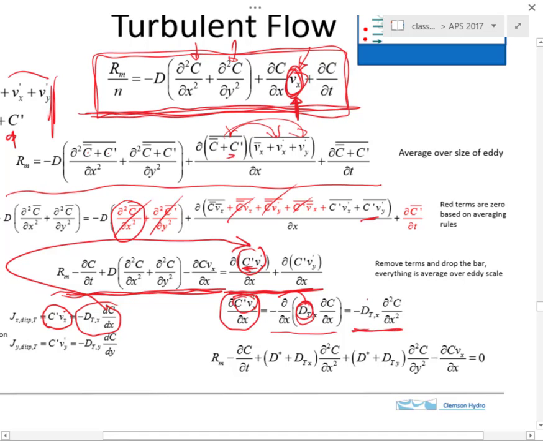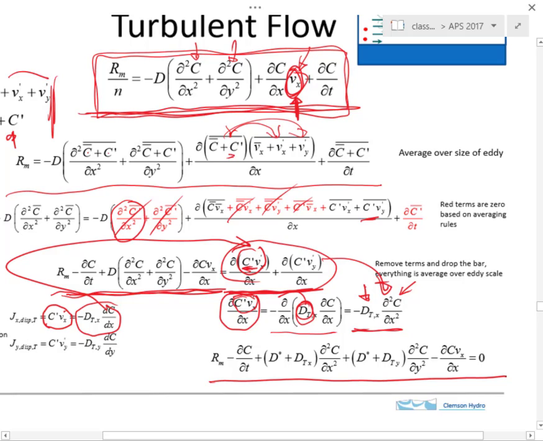So this is turbulent dispersion, second derivative of the concentration. That's the same kind of form that we get from the dispersion that we saw earlier, same kind of form that we get from diffusion.